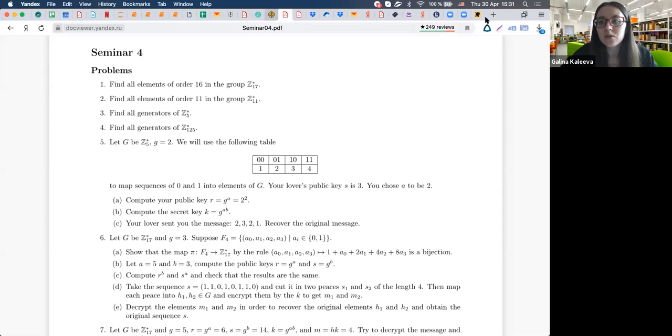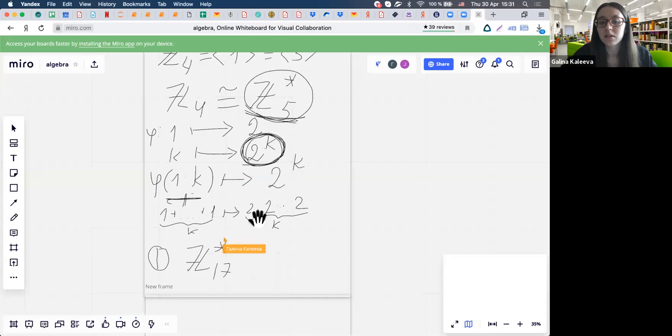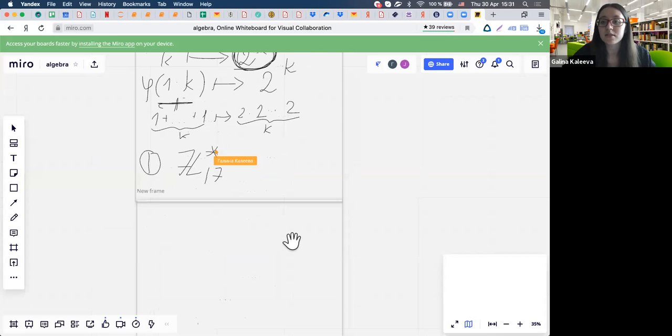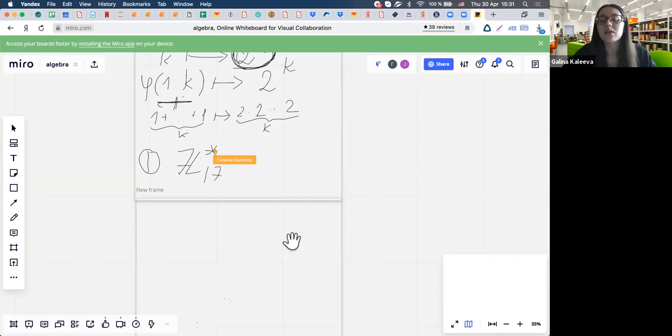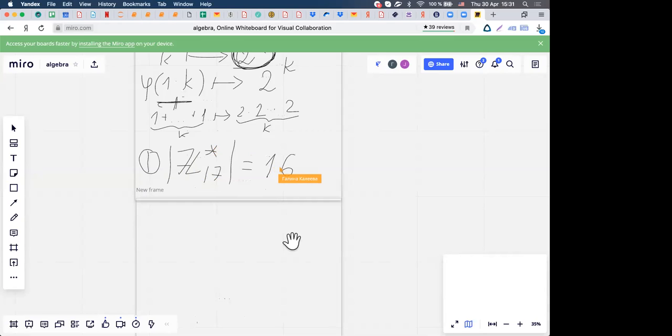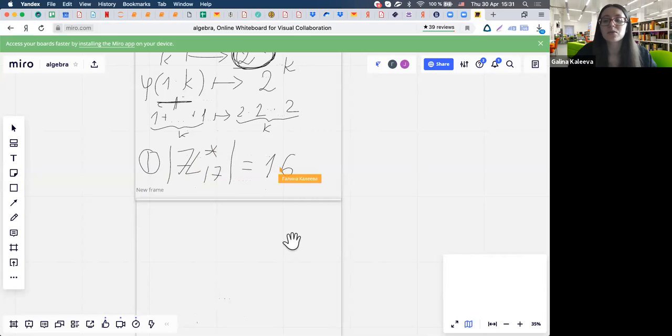Strictly speaking, we need to find all the generators, because only the generators have order 16, and if an element has order 16, it generates this whole group, because the order of this group equals 16. Agree? Yes. It's 16 because 17 is a prime number, so this group consists of all non-zero remainders. All of them have inverse remainders, and so on and so forth.